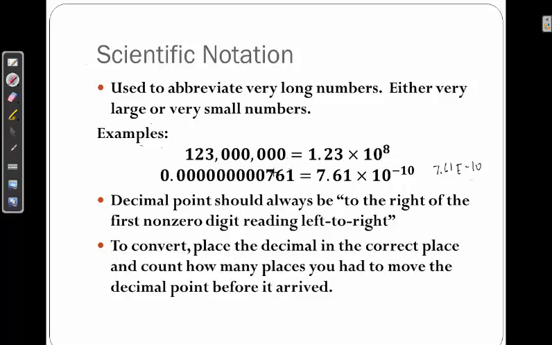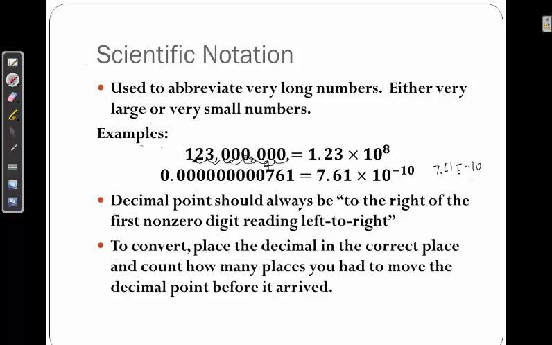Decimal point was here. So it moved 1, 2, 3, 4, 5, 6, 7, 8. It moved 8 places to end up right there. Well, that's why it is 1.23 times 10 to the 8th.